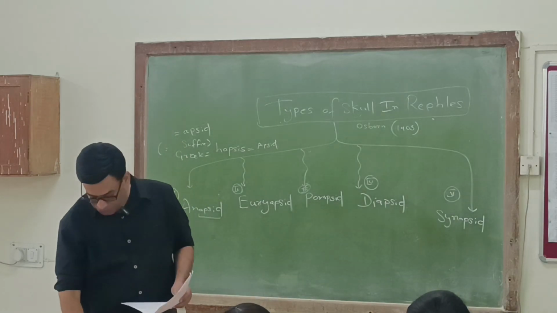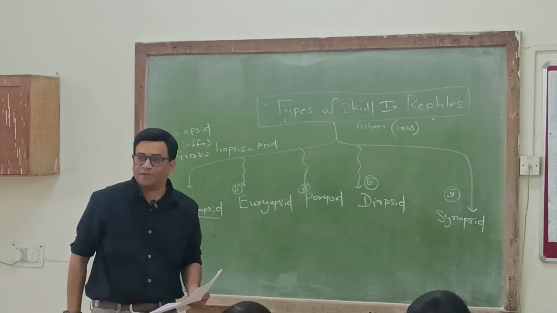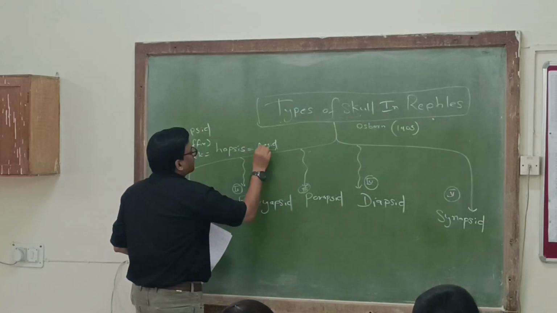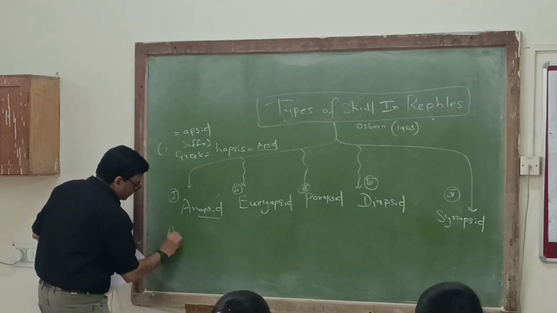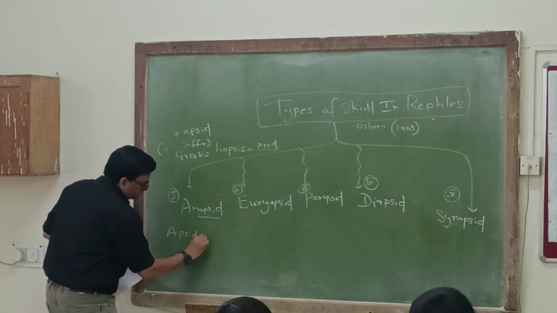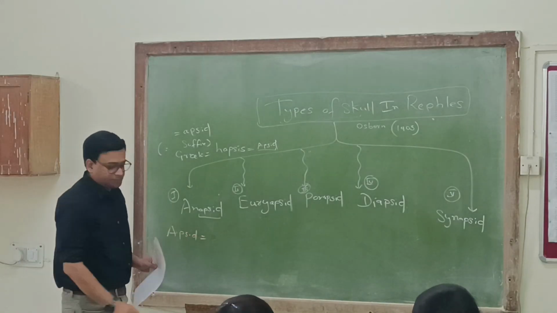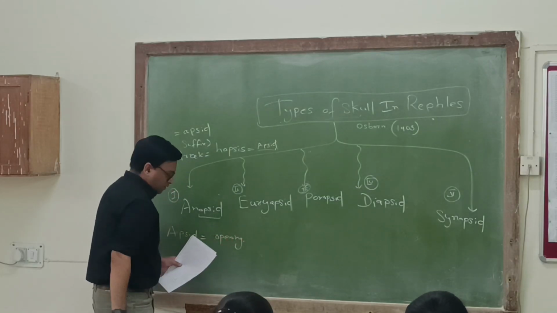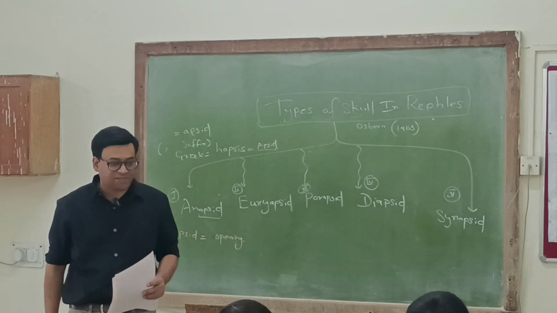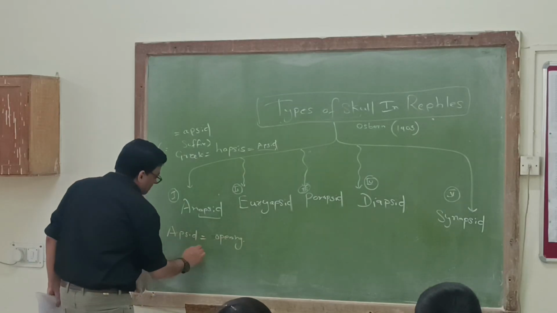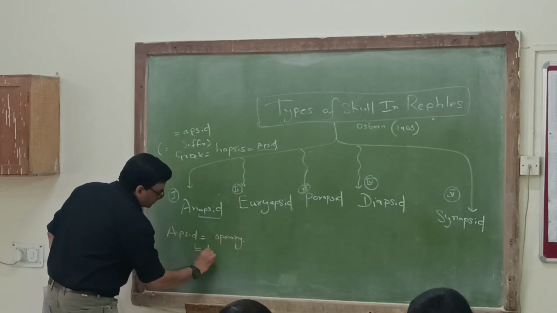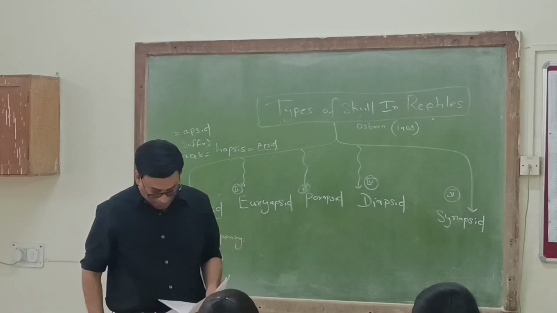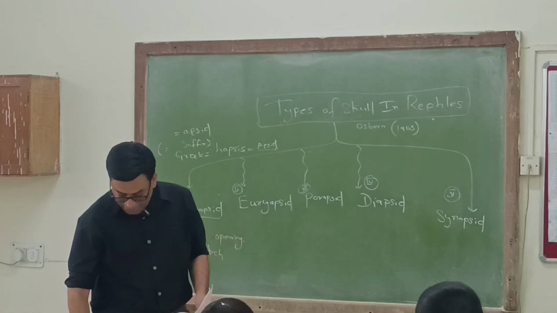And what does it mean? This is very, very important. Pay attention. What does apsid mean? Apsid means opening. It literally means arch. What is apsid? Apsid is basically arch. And what is arch? Arch is nothing but the opening.